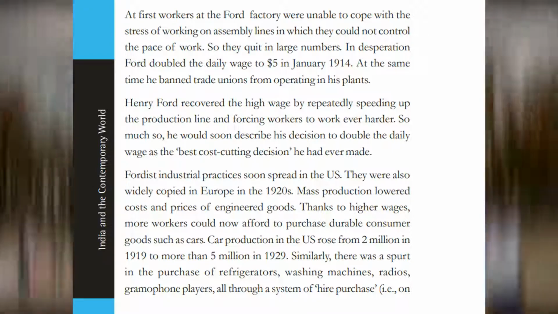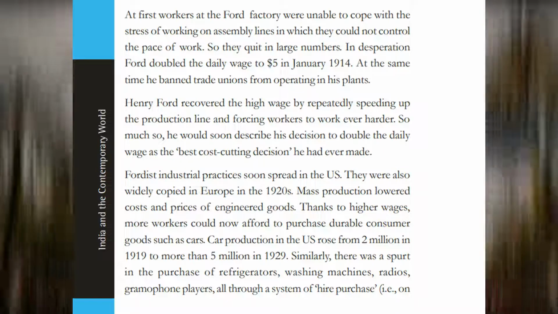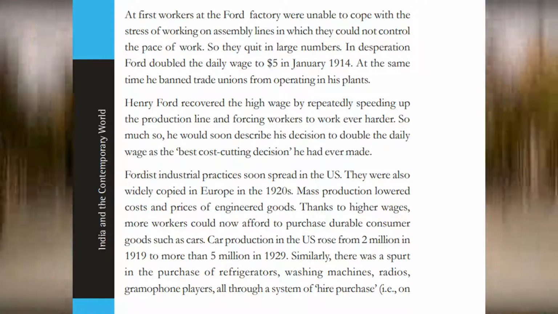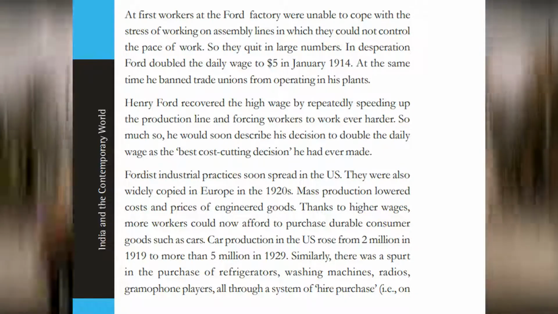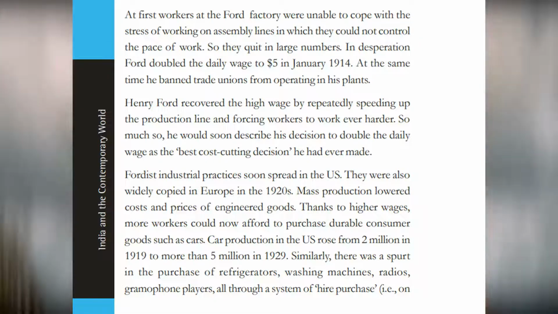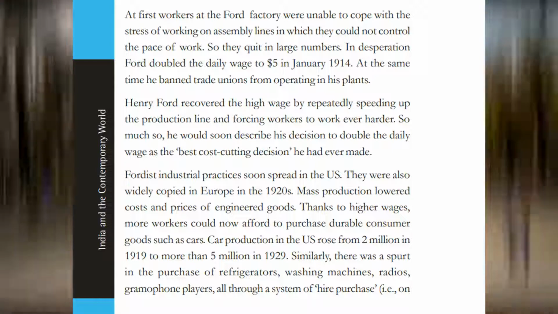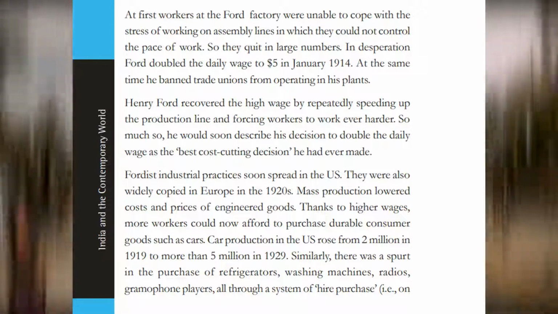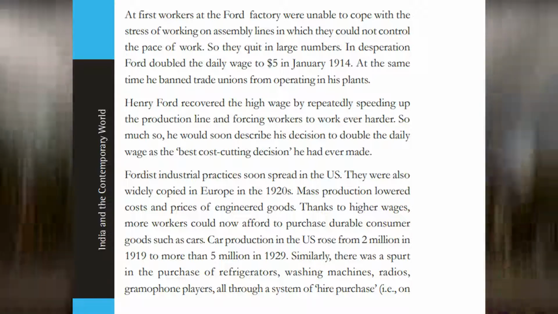Mass production lowered costs and prices of engineered goods. Thanks to higher wages, more workers could now afford to purchase durable consumer goods such as cars. Car production in the U.S. rose from 2 million in 1919 to more than 5 million in 1929.